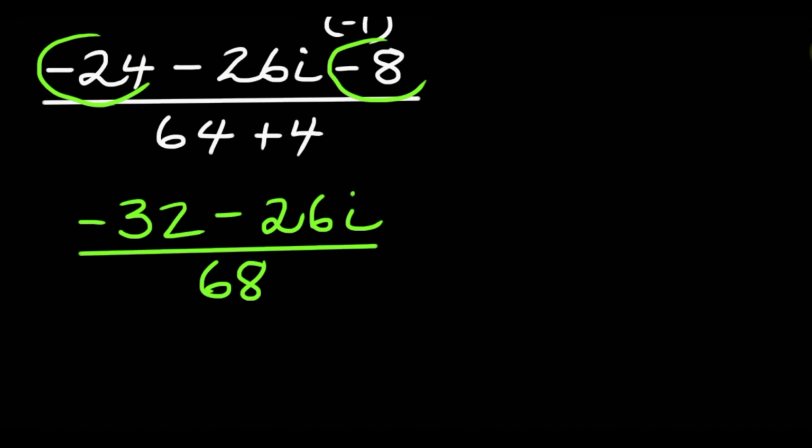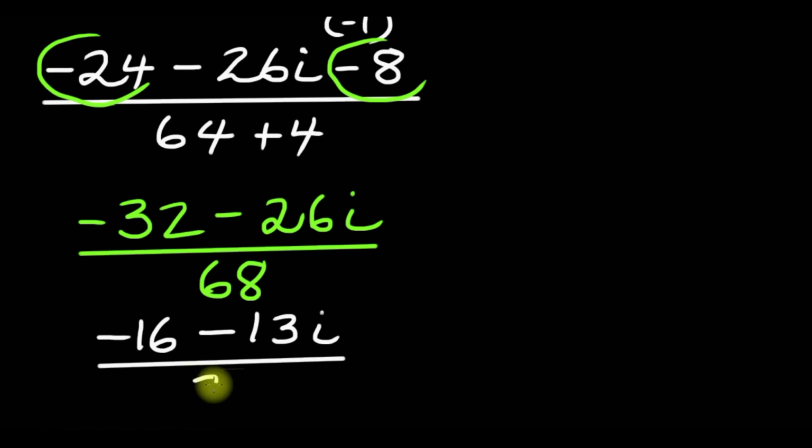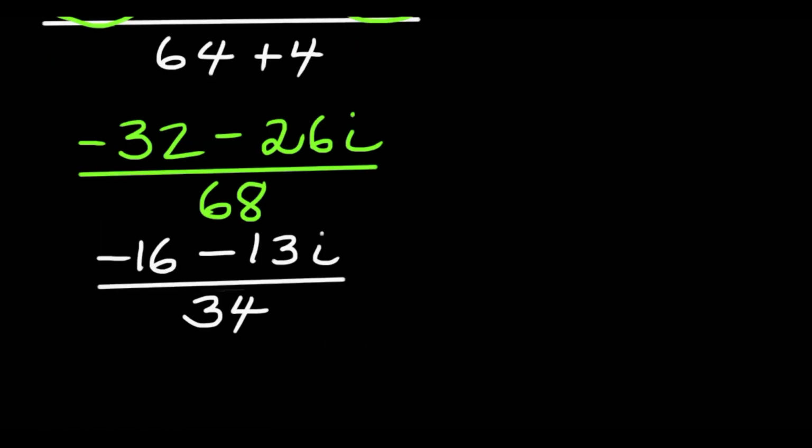Can you think of a number that can go into 32, 26, and 68? How about we break it down by 2? So we reduce by 2. 32 over 2 is half of 32, which is 16, minus 13i. And then it's going to be all over 34. And that is your final answer.